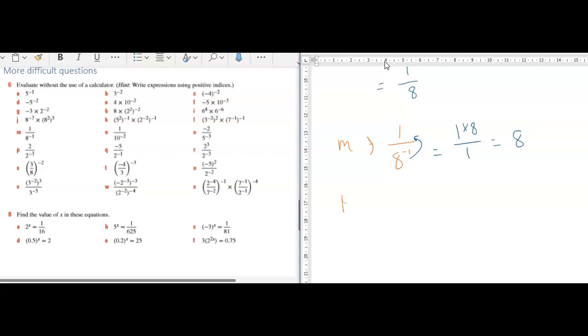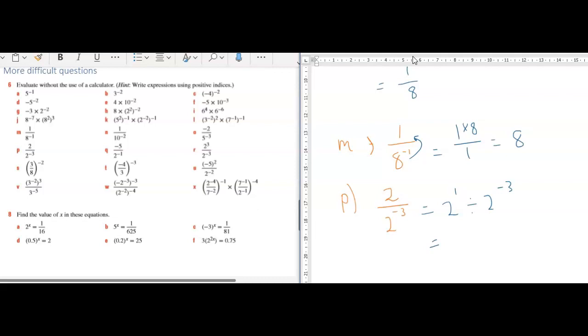All right, so looking at p, this time we've got a numerator that is not 1, it's 2, and then in our denominator we have 2 to the negative 3. Now, you can bring that 2 up, but you can also do it a different way. This is the same as 2 to the power of 1 divided by 2 to the negative 3.